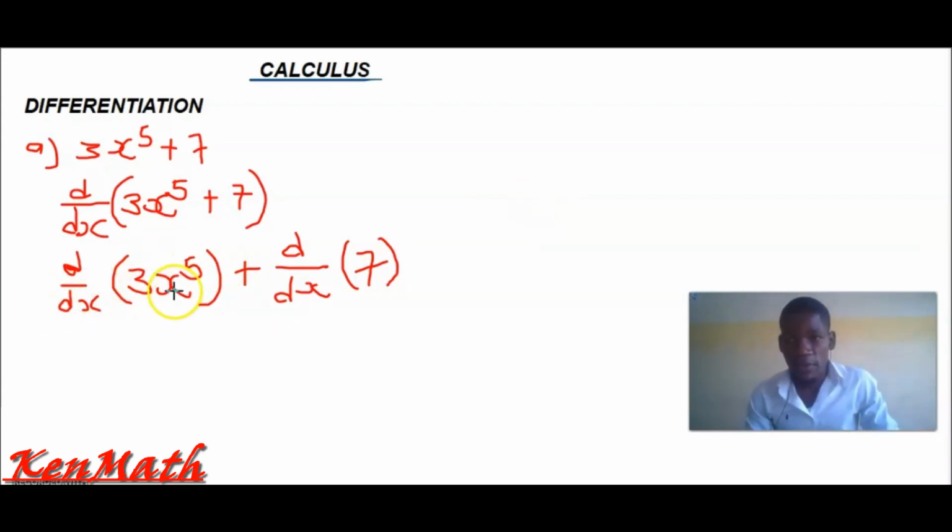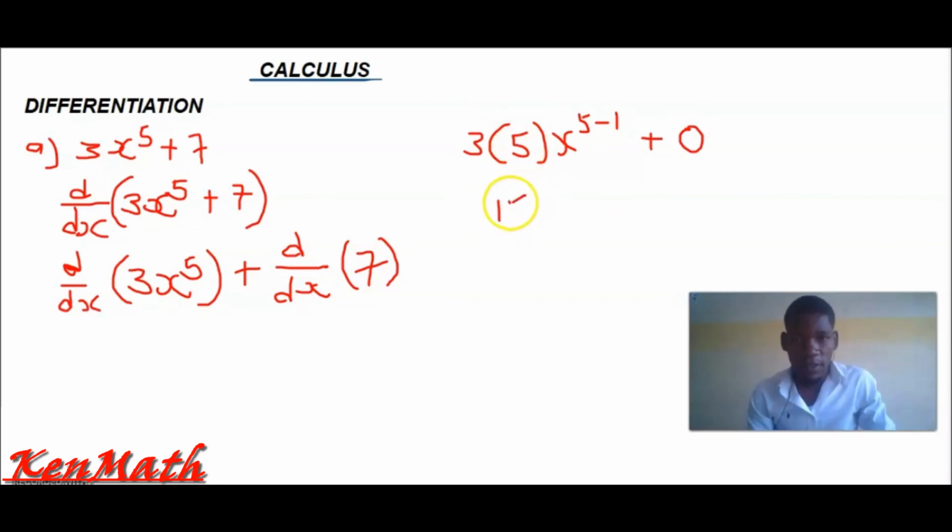When you're finding the dy over dx of 3x to the power 5, it's the same as this power multiplied by 3, and then from this power we take away 1. So we're going to get 3 multiplied by 5, and then x to the power 5 take away 1, plus the derivative of a single constant number, which is equal to 0. 5 multiplied by 3 gives us 15, and then x to the power 5 take away 1 gives us 4, and then plus 0.